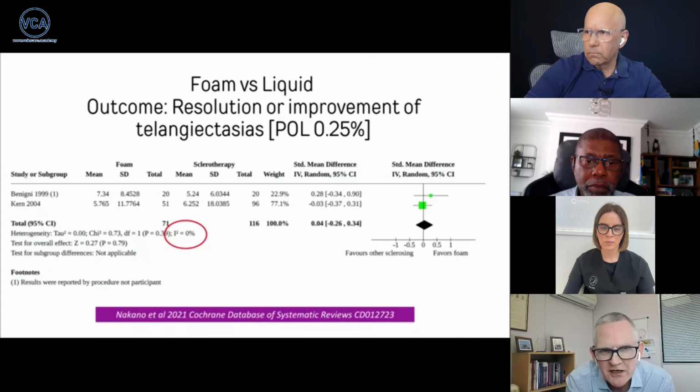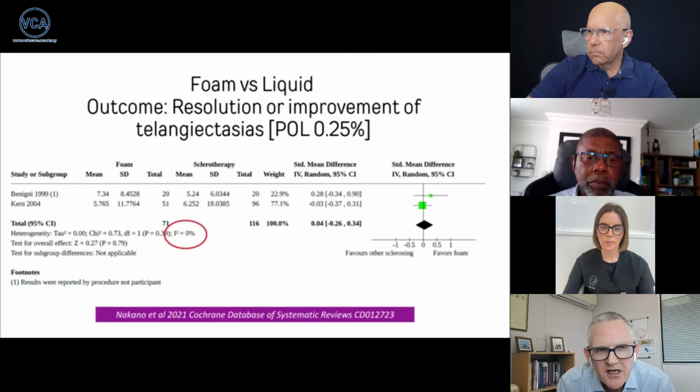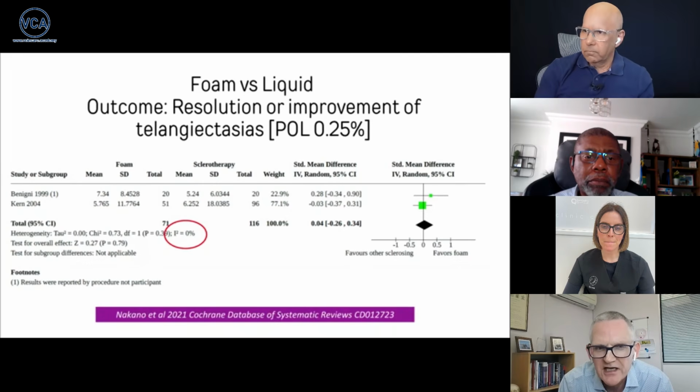Some of the key things to look for are, first of all, where I've circled in red, the heterogeneity, because that looks at the heterogeneity amongst the study samples. If it's a low number, and 0 is good, it means there is very little heterogeneity, whereas if it's a large number, the heterogeneity is greater within the studies that have been included.